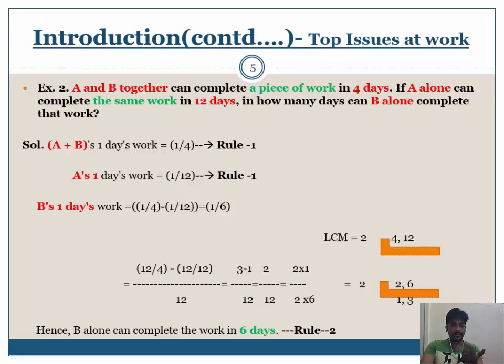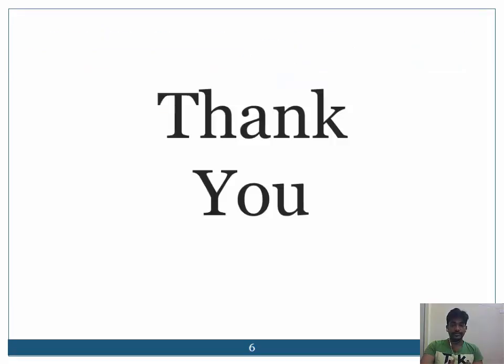As we know, the LCM of 4 and 12 is 12, and the resulting fraction is 1 by 6. But this is not the answer, because it is B's 1 day's work. The answer is how many days B alone can finish the work. So as per rule 2, it takes 6 days to complete the work if B carries it out alone. Thank you.